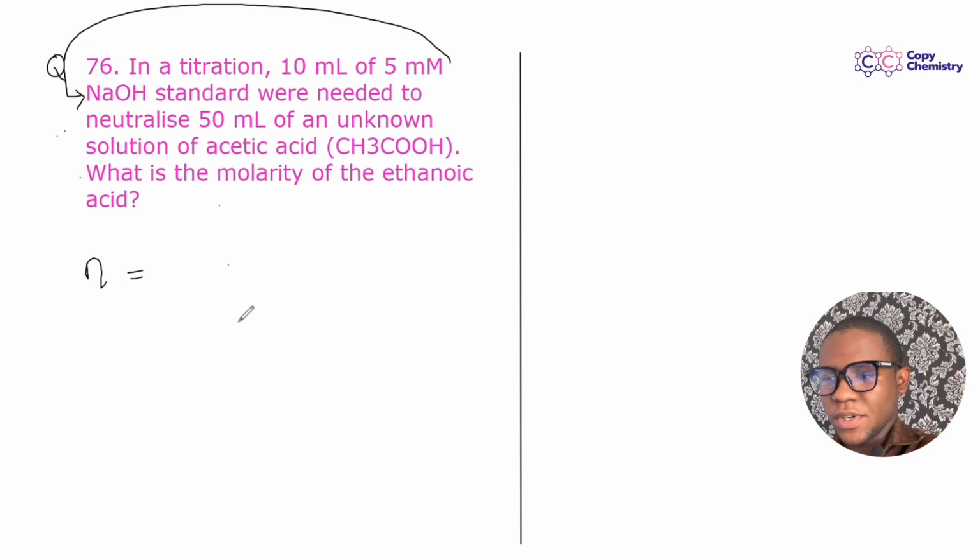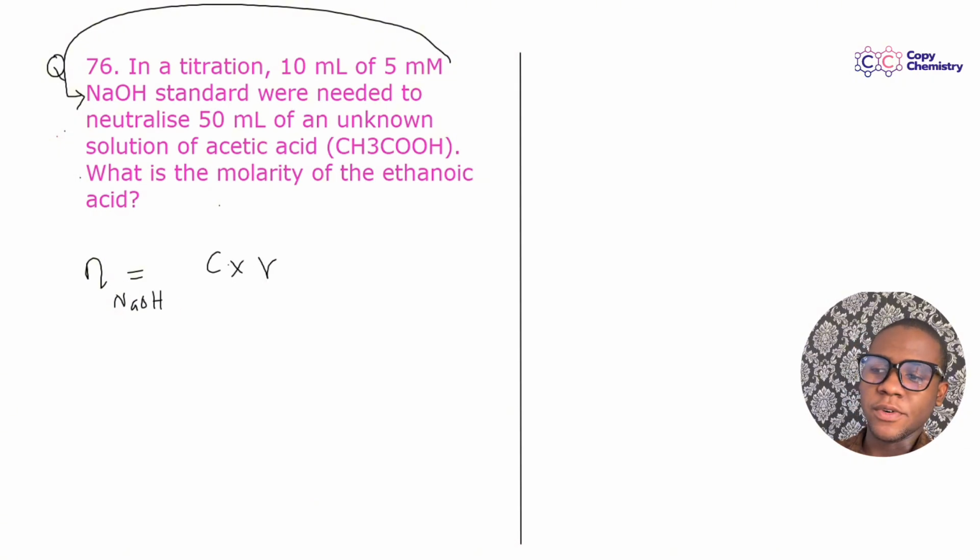Okay, so let's figure out what the number of moles of our NaOH is. It's basically equal to the concentration multiplied by the volume, and the concentration is 5 millimolar, and then the volume is 10 ml.